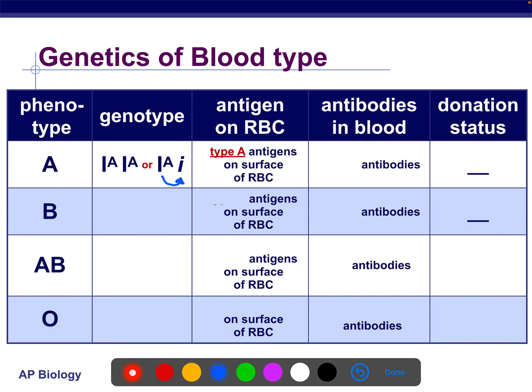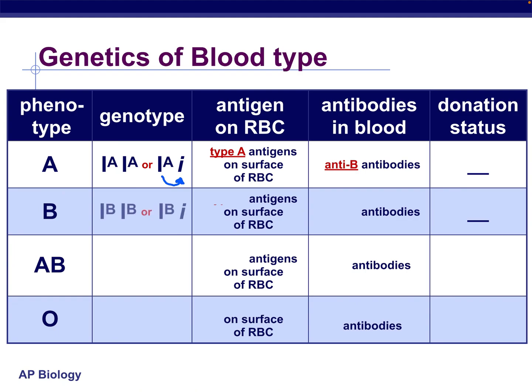And then you would have anti-B antibodies in your blood. And even though we're not really talking about what's present on the red blood cell, the antibodies in the blood matter when it comes to donation status.